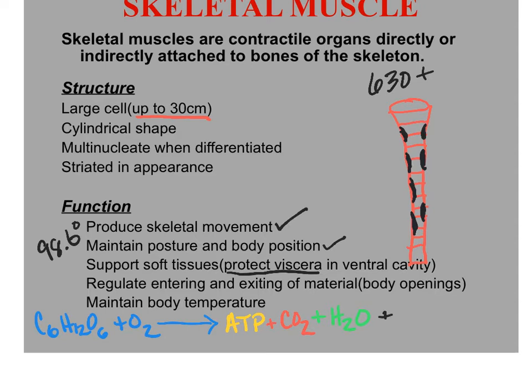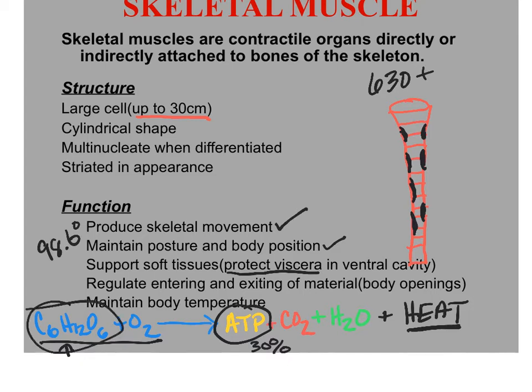But more specifically, with regards to what I'm talking about, is heat. This process of cellular respiration generates a whole lot of heat. That process of converting glucose into ATP is only about 30% efficient, meaning only about 30% of the energy that was originally present in glucose actually becomes ATP. The rest of that energy in this molecule of glucose gets released as heat.